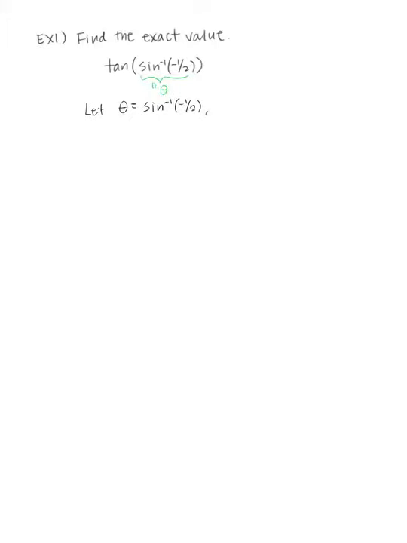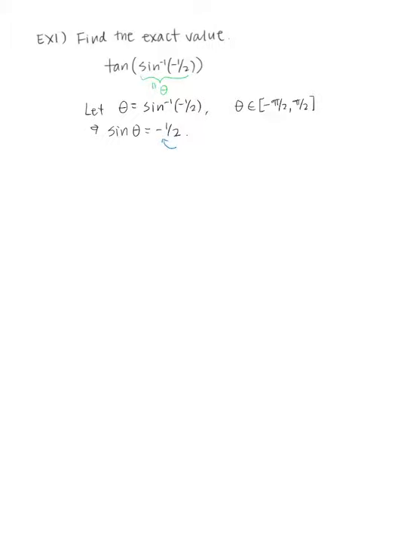Now in this case, our theta must be between negative pi over 2 and pi over 2. This is from the previous section. So that implies that sine of theta is negative 1/2. Okay, so let's talk about where sine is negative.